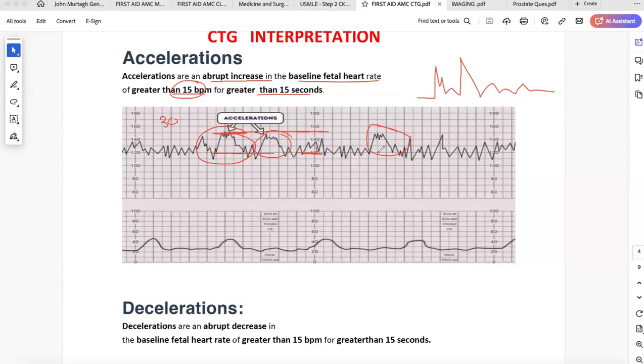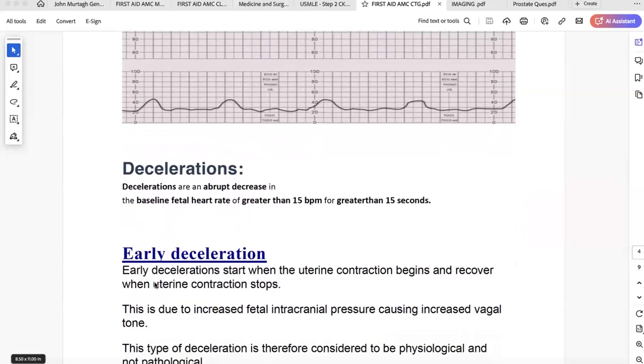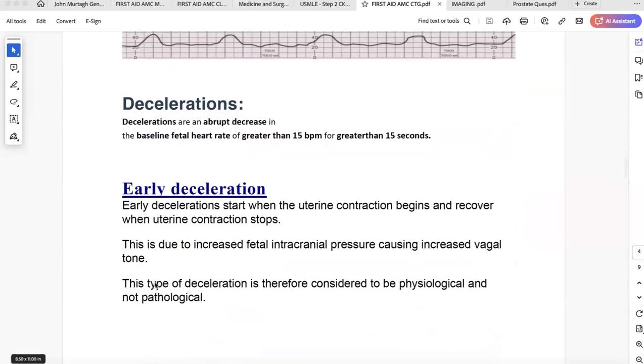So the main thing that you look at is whether there is an abrupt increase of the fetal heart rate from the baseline, at least more than 15 beats per minute. Okay? So that's acceleration. Having acceleration is a good sign. It means that the baby is in a good environment. There is no fetal distress, whereas having decelerations is not a good sign.